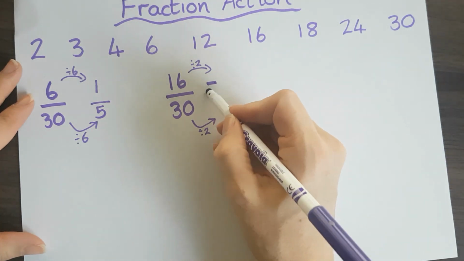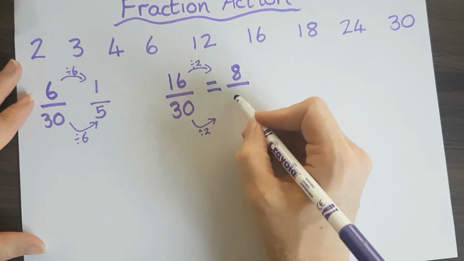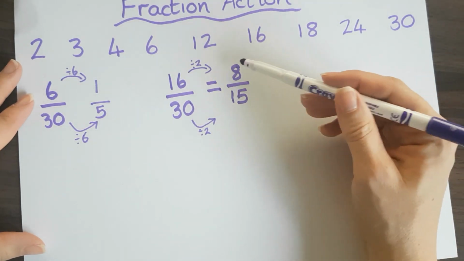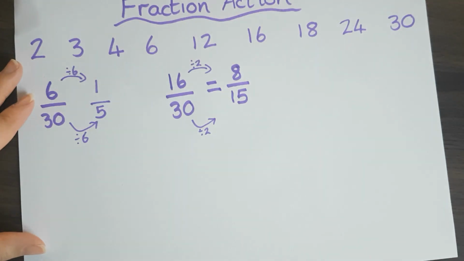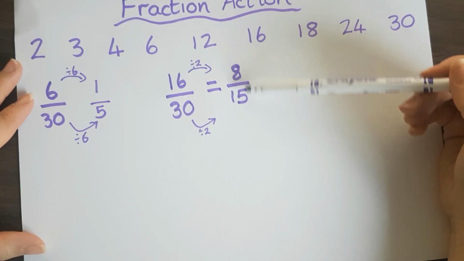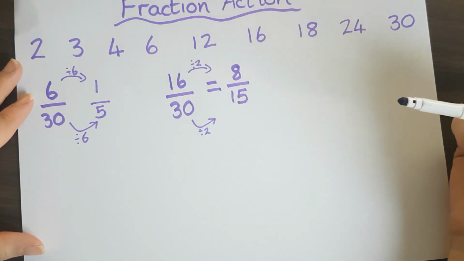They're both even numbers. 16 divided by 2 is 8, 30 divided by 2 is 15. And you can see now these two numbers can't be divided by anything else. Not the same number on the top and the bottom. So 16 divided by 30 simplified is 8 over 15.